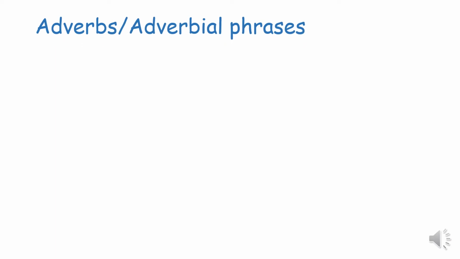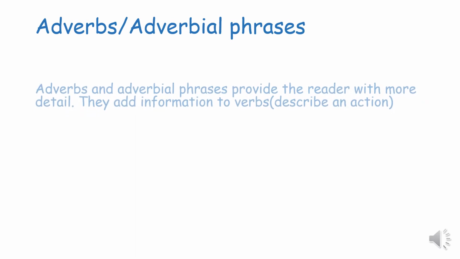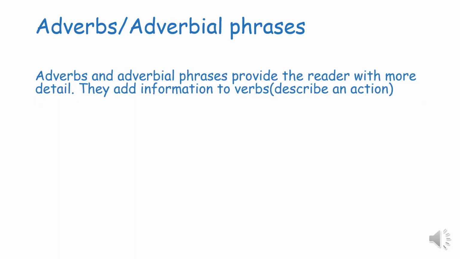Let's take a look at adverbs and adverbial phrases. So we would use these to provide the reader with more detail. They add information to verbs, and verbs, as we know, describe an action.